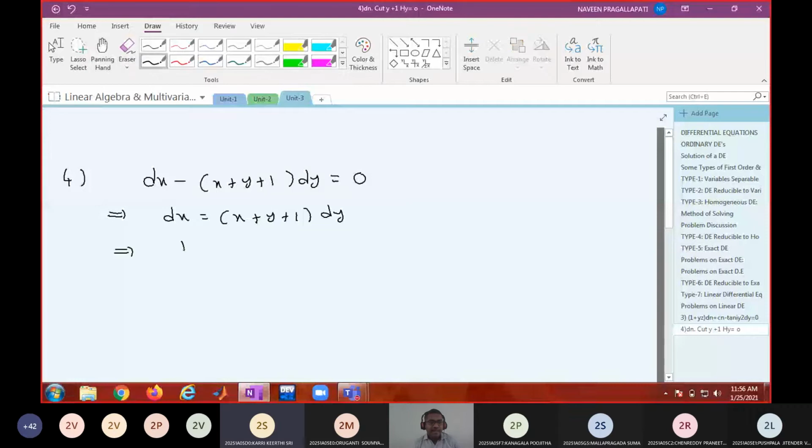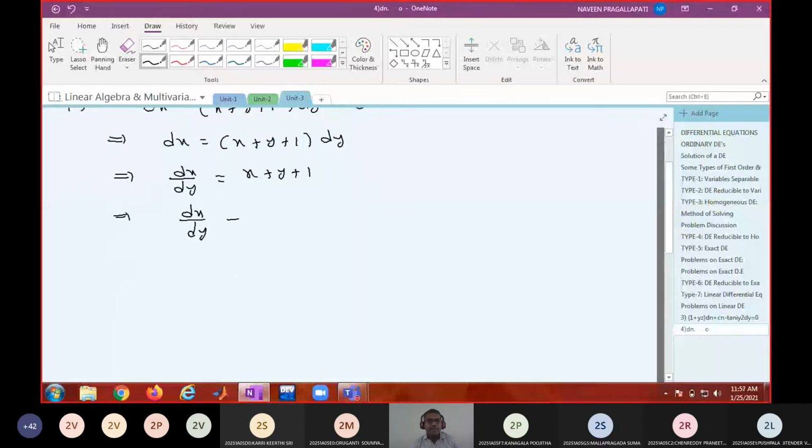So if I write dx by dy, now you can see that this can be written as dx by dy minus x, because I have to take the dependent variable on the left hand side, is equal to y plus 1, which is a linear DE in x.